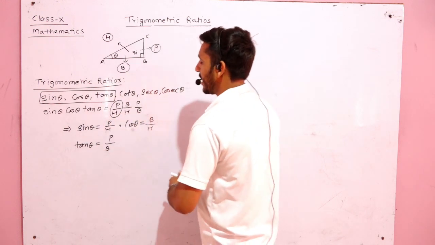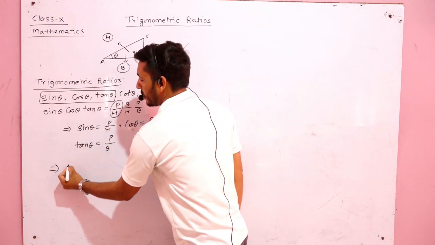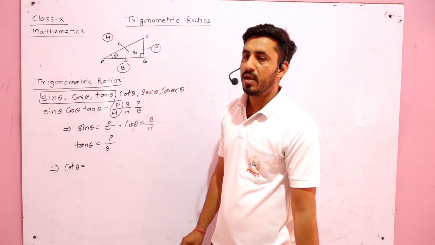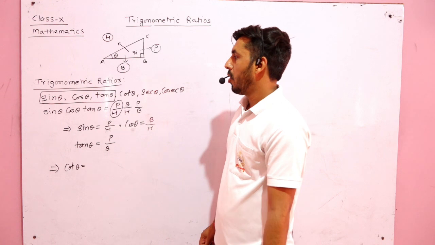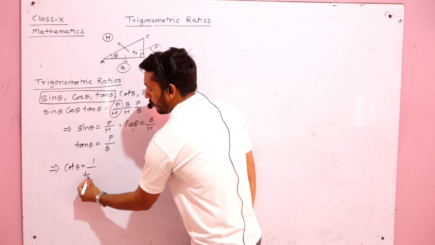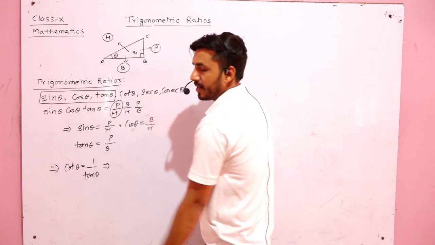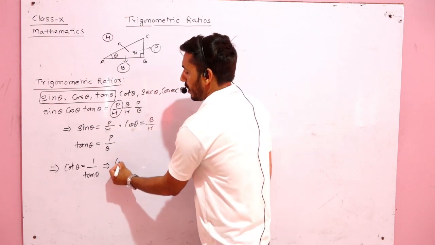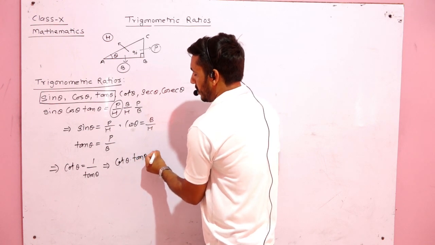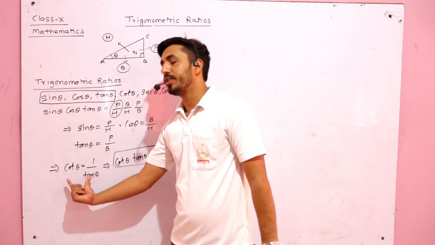First is cot theta, the opposite trigonometric ratio of tan theta. I can write cot theta is equal to 1 upon tan theta. From here one relation is obtained: if I multiply cot theta into tan theta, the result will be 1.